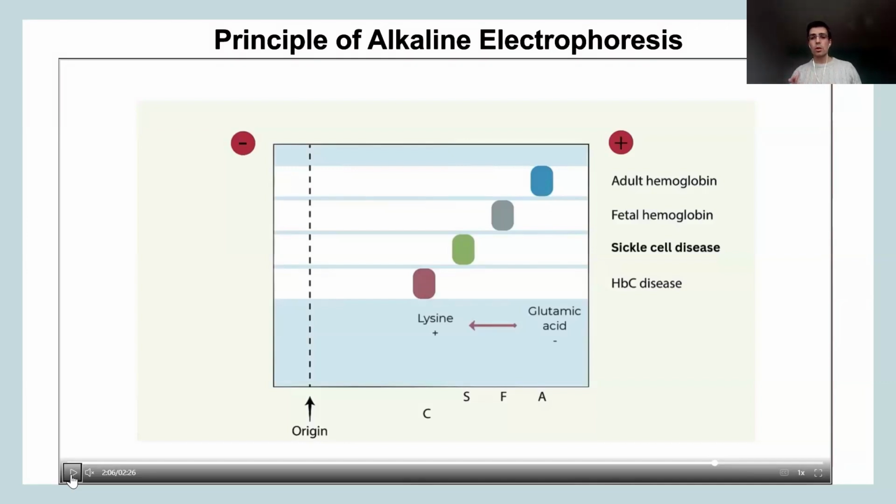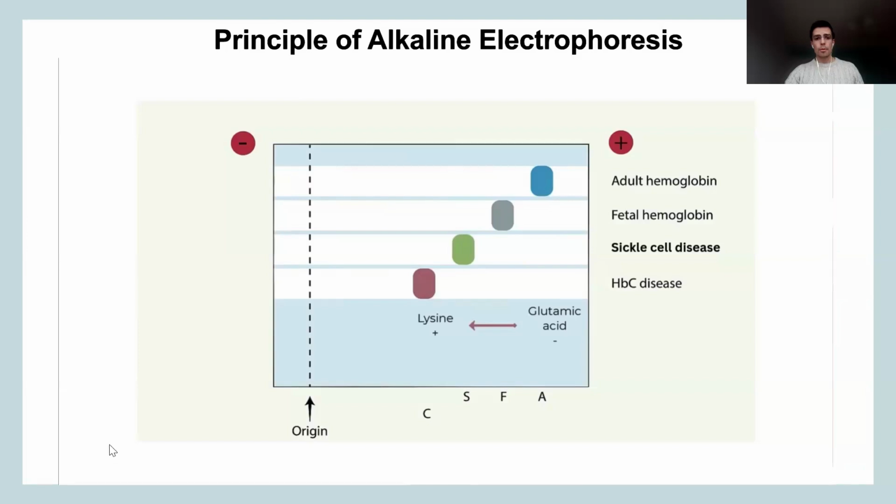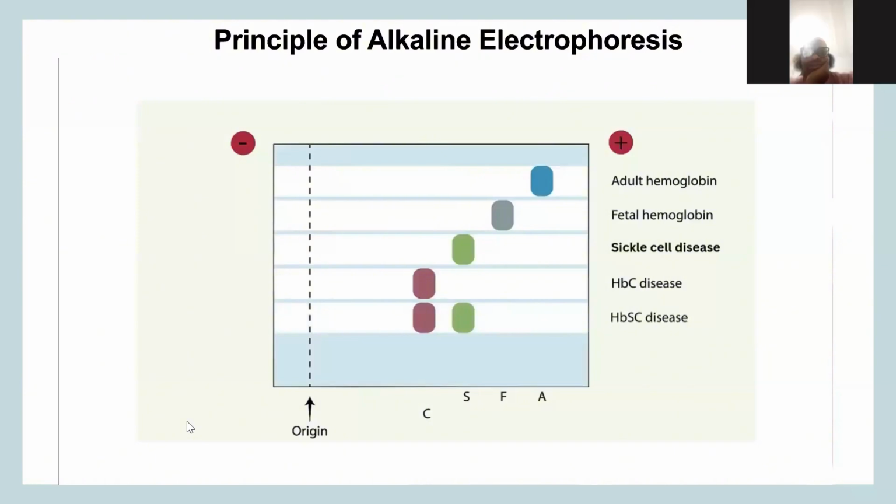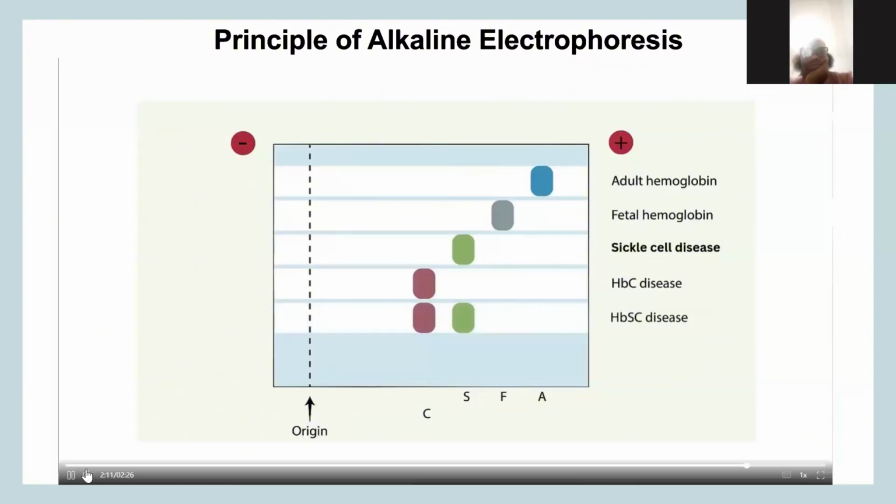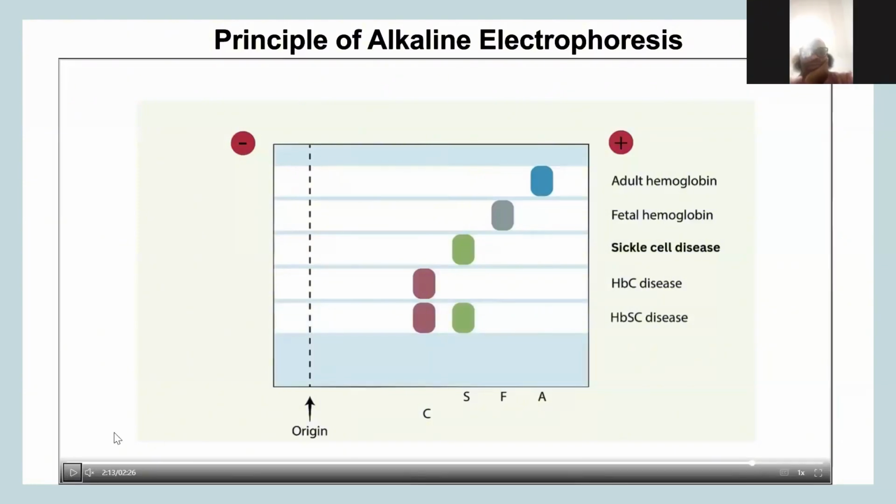Being positively charged, you can already see it's not going to progress much in the gel, and therefore it's going to be just behind the S. As a comparison, if you have a patient that has SC disease, you're going to have the two bands present, quite nicely distinguished between them.